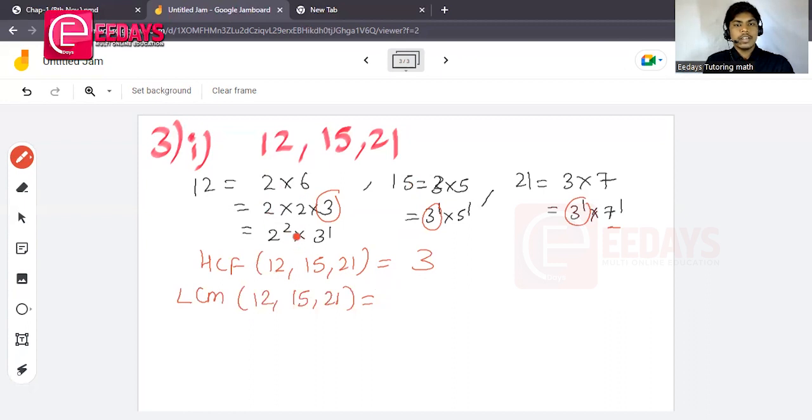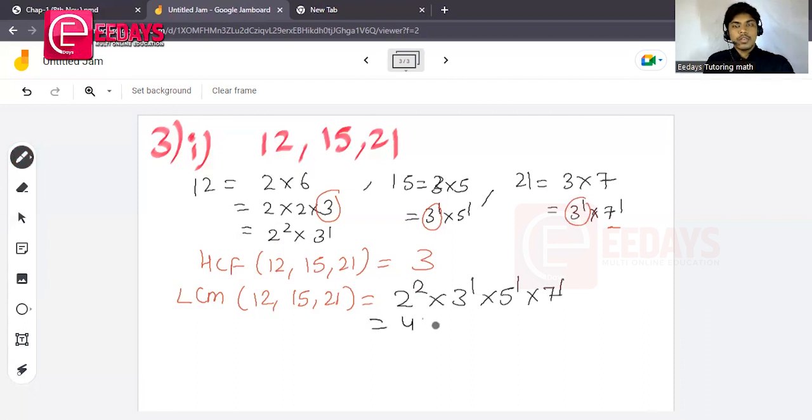For 2, what is the greatest power? 2 square, and 3 power 1 is the greatest power, and 5 power 1 and 7 power 1. You can take all the numbers, not only the common factors.